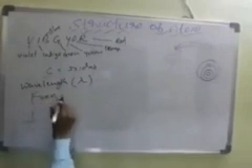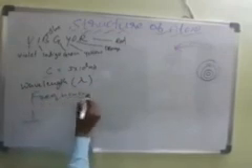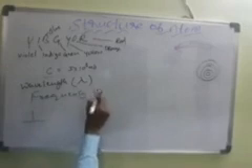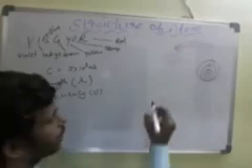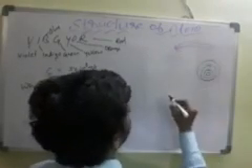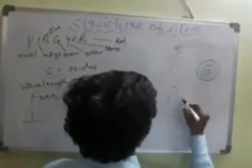Frequency is indicated by nu. What is the wavelength? The wavelength of a wave is the distance from one wave peak to another wave peak. That is already discussed in the previous lessons also. So these are the waves, which go on like this.